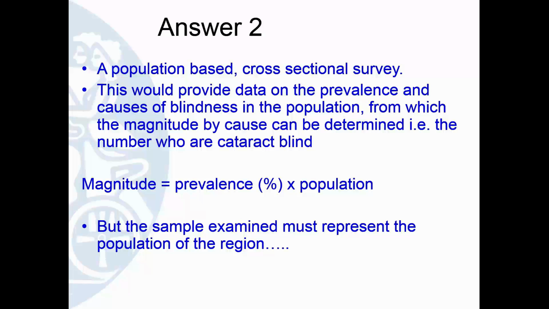So once you have prevalence data, which is defined as the proportion of the population who have the condition of interest, and you have data on the causes, you can then do a very simple formula to find out the number of people who are, say, cataract blind in the population. So let's say we do a population-based survey in Bronerland, carefully selecting a sample.